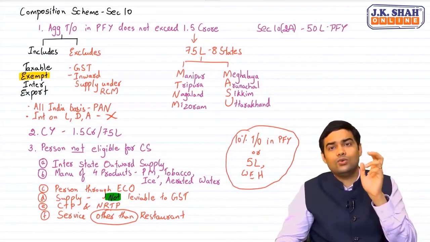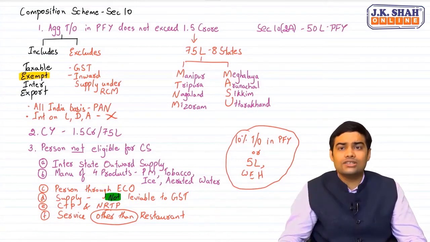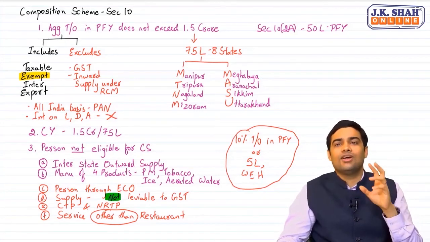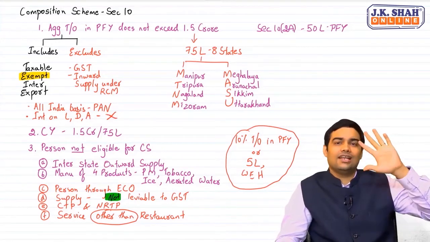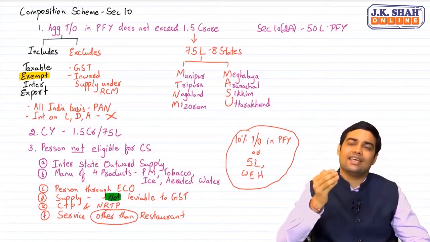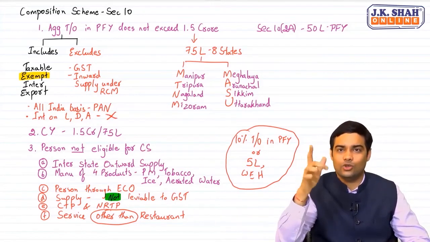So for a person who is engaged exclusively in services or services with some goods, then there was no scheme for that person. Government brought in a scheme where a person of such nature, if his preceding financial year turnover is 50 lakh, then up in current year, he can take this composition scheme under section 10(2)(a).